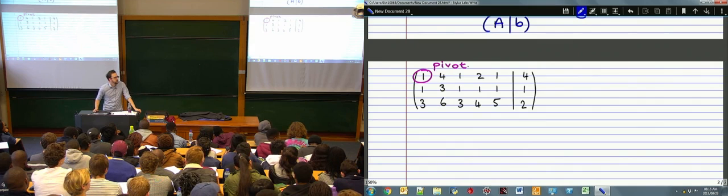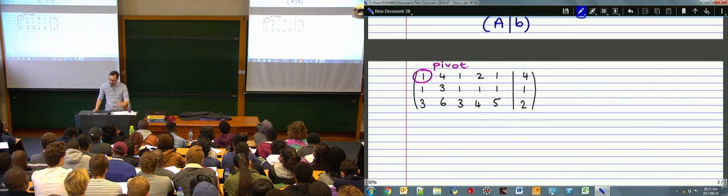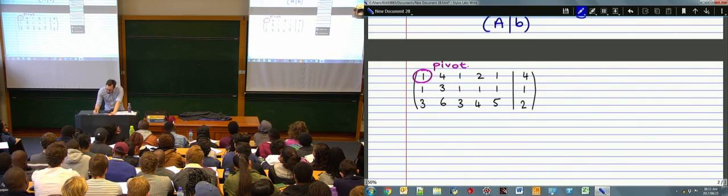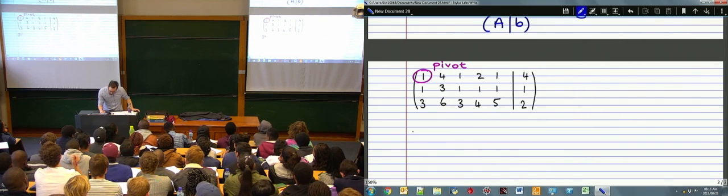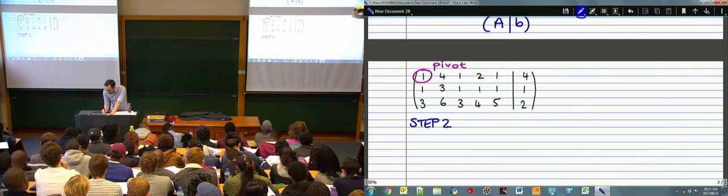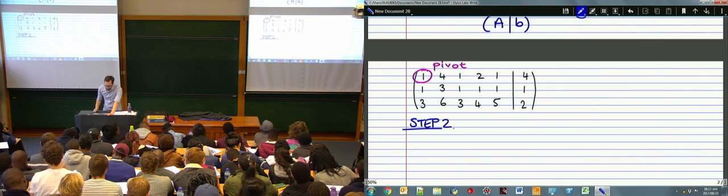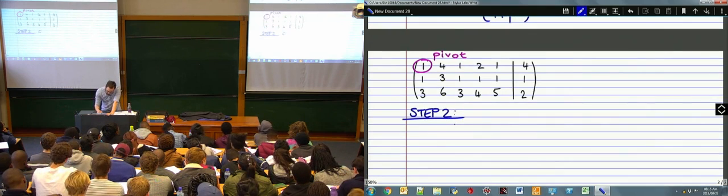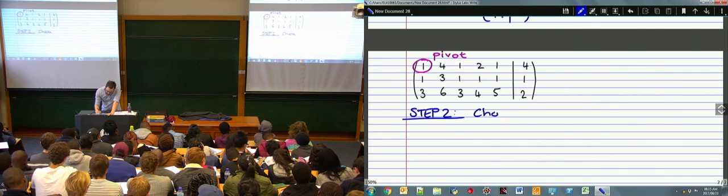Okay. Yes? Can you please explain what you just meant by using different pivots? Okay, let me write down this, which is step 2 about choosing pivots. So choose a pivot element.